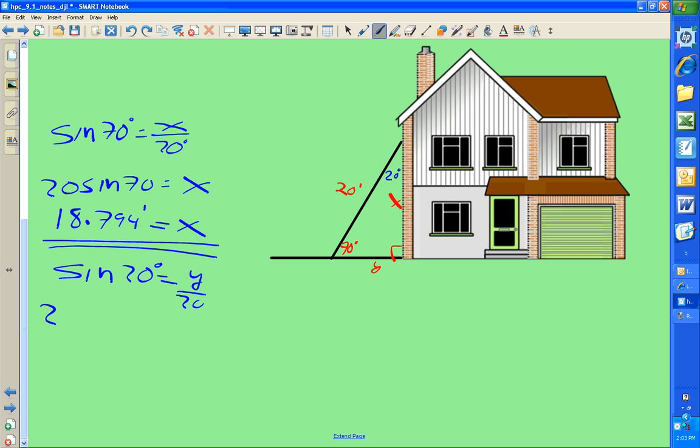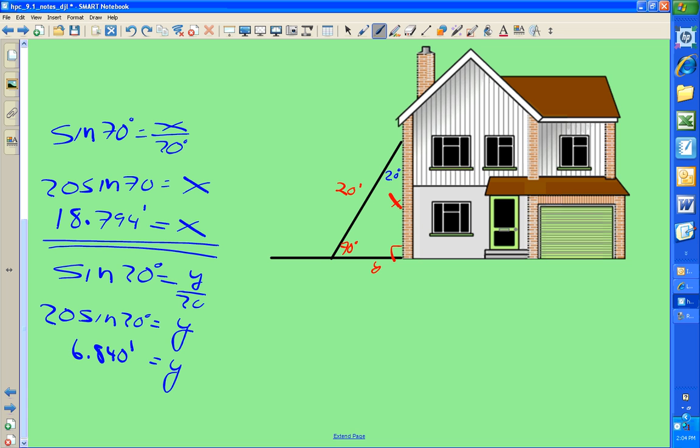So 20 sine 20 is equal to what? What's 20 sine 20? 6.840. In unit of measure? Why?